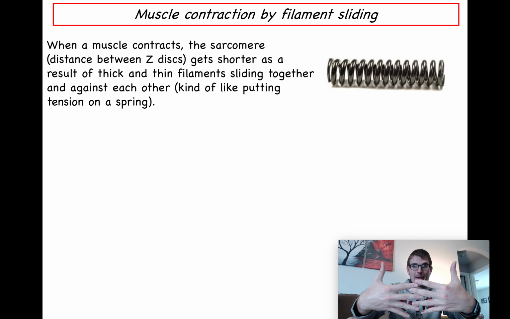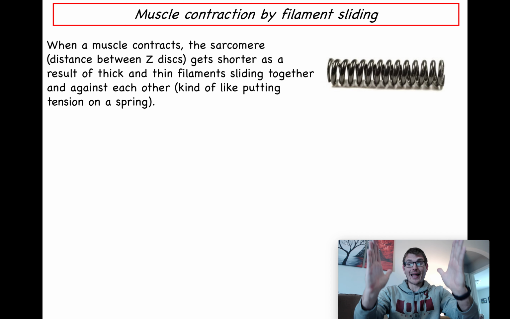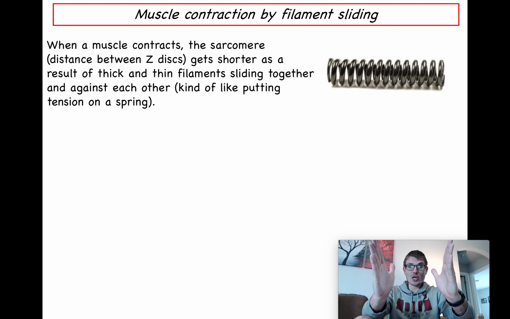So any contractile proteins that we have, actin and myosin, are going to slide together like this. And what we're going to do is increase the degree to which we have overlap between thick and thin. So that H-band is going to get shorter and those I-bands are going to get shorter. So really it's an awful lot like taking a spring and pushing on either side.